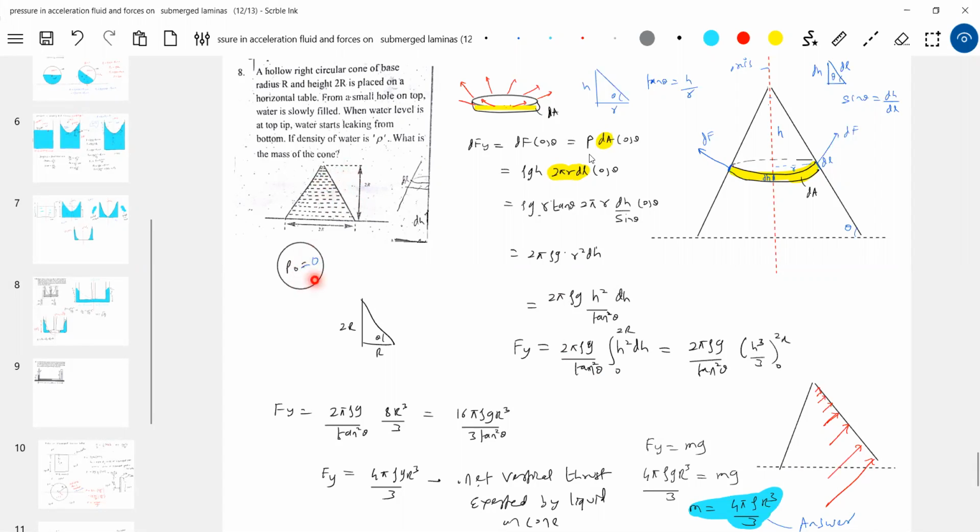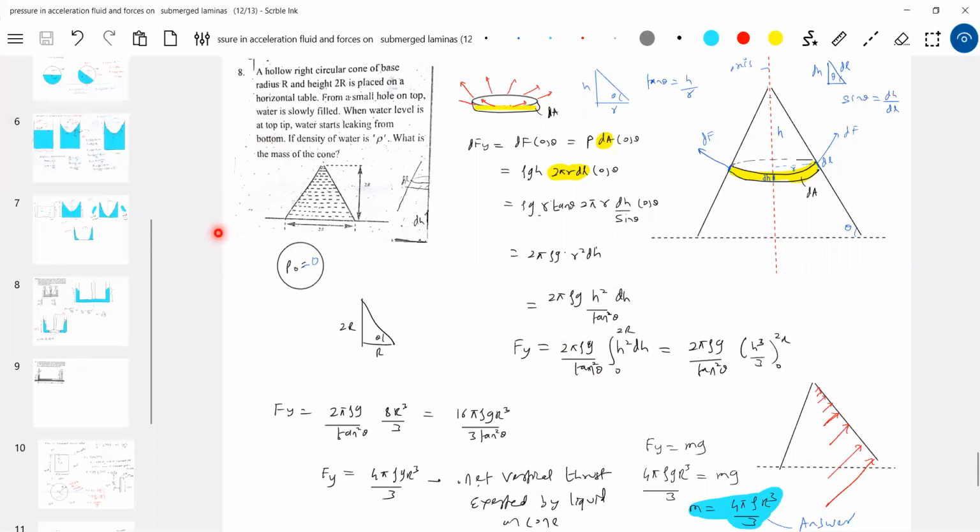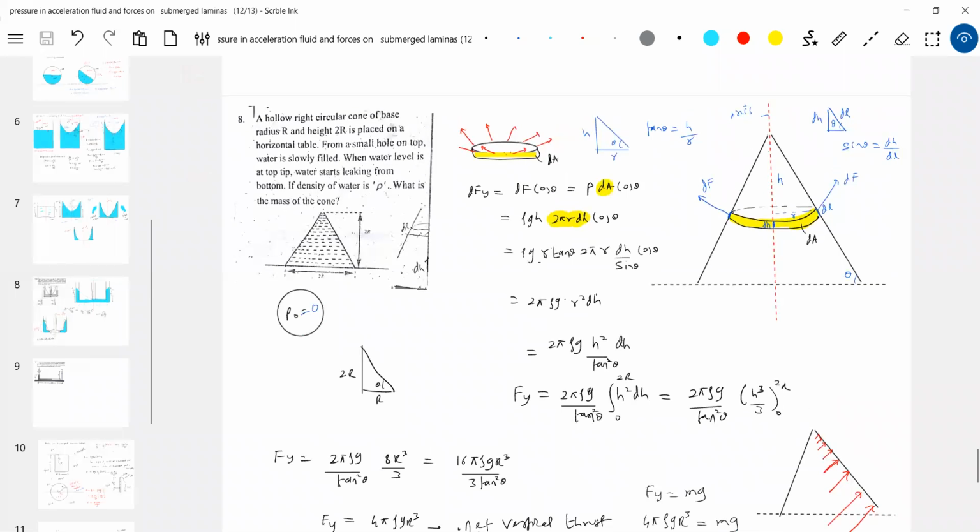So let's make P naught equal to 0 so we can minimize our calculations and the problem becomes straightforward. Agree? I think in the exam they'll mention it.